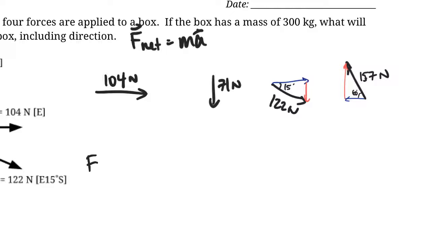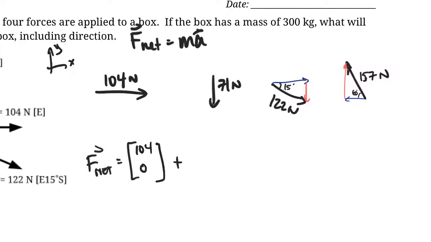So our Ft, or let's just call it F net, because it is the net force. F net is equal to, okay, we'll start off with the first components of this vector. Well, it only has an x component, it's only in the x direction. It's in the positive x direction, right? Remember, we're going to assume that this is positive x, this is positive y. So we have 104 and 0.